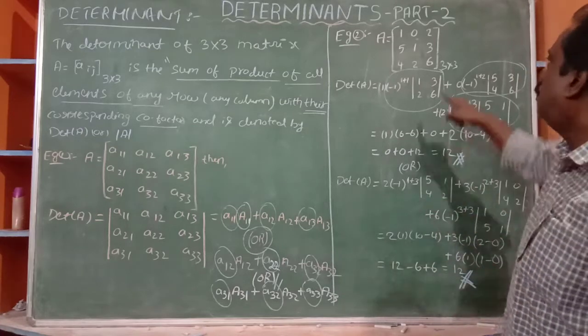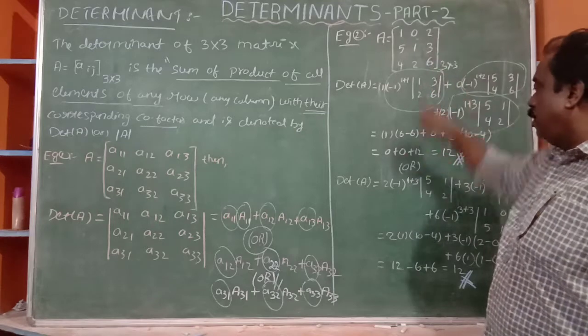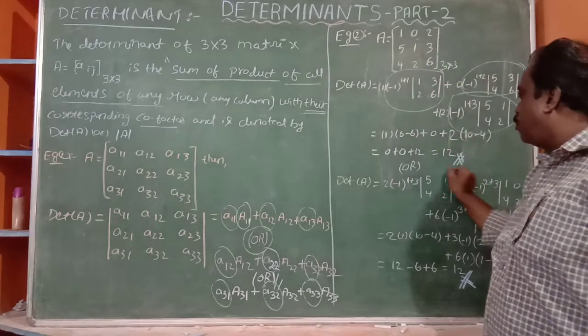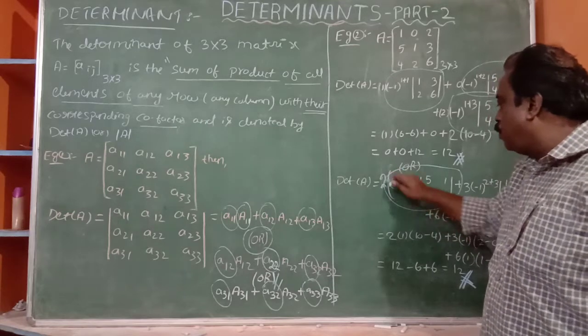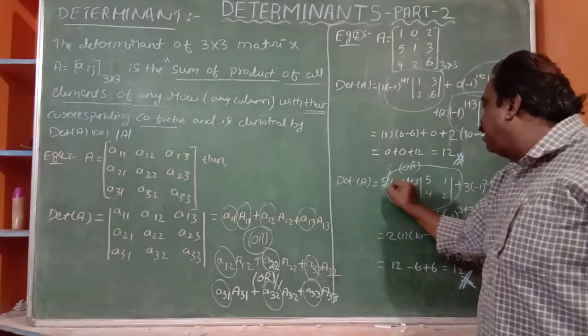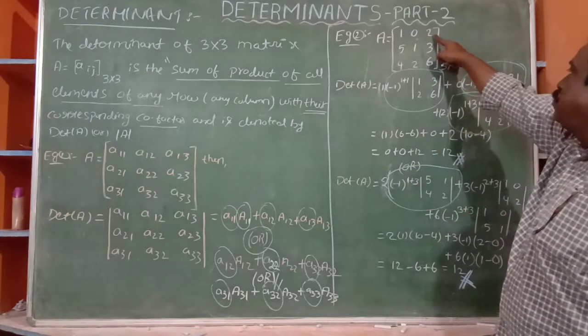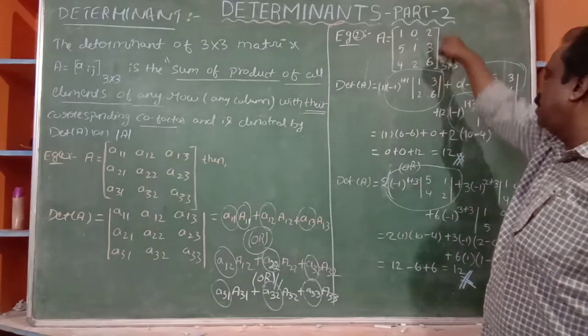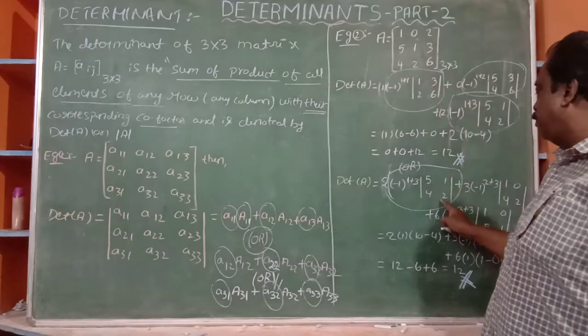Here also, 2 into its cofactor, the minor other than 2. It is 2 into minus 1 power, this 2, position is 1 plus 3, first row, third column. And the minor, after deleting, 5, 1, 4, 2.